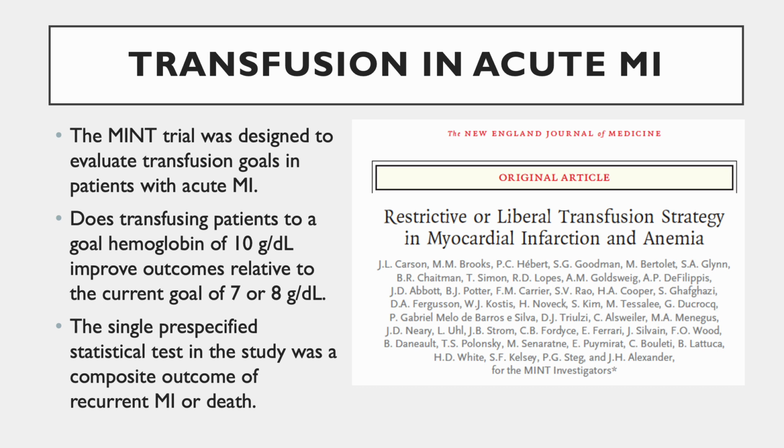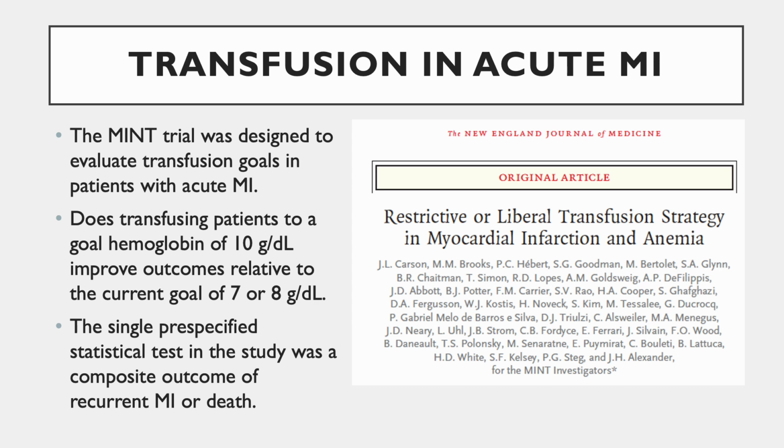So now we come to the trial that we're building up to, which is the MINT trial. And this is a trial that was designed to look at transfusion goals in patients with acute MI. And the specific question was, is it beneficial to transfuse these patients to a goal hemoglobin of 10 as opposed to the goal of 7 or 8 that we're currently using?